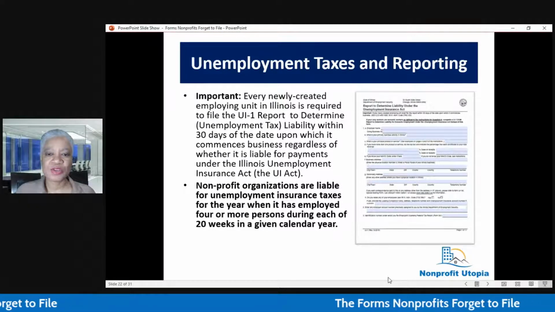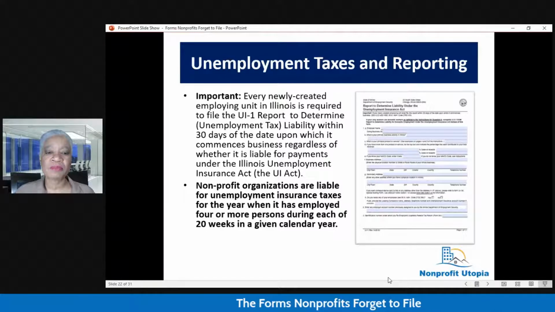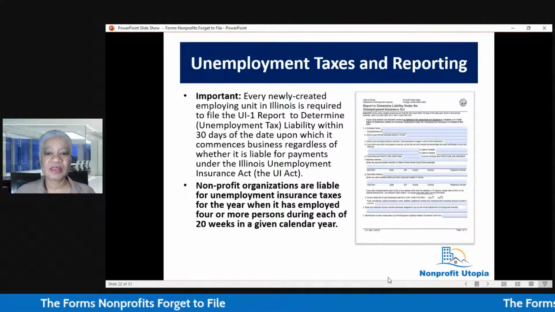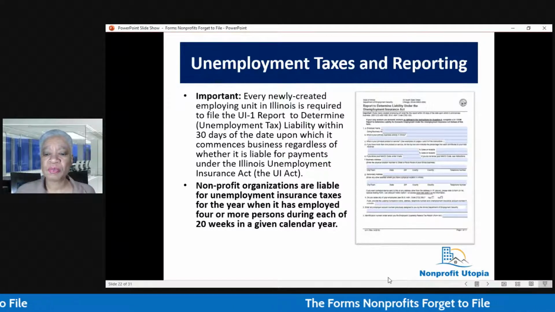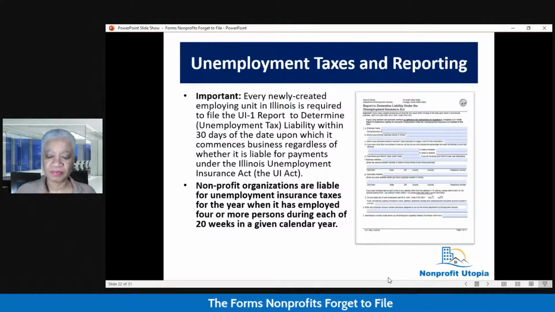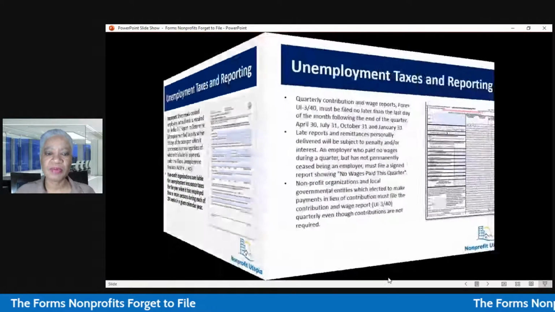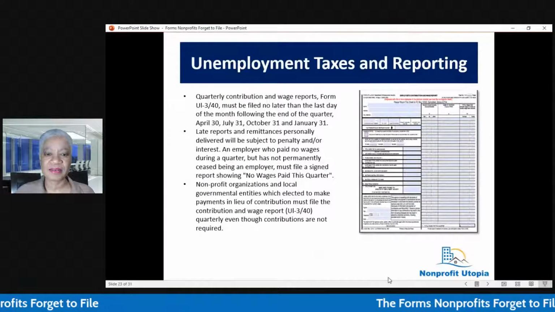However, I suggest that you not wait until you have 4 employees because usually it takes a while to get to that point, and then you will probably have forgotten. And you don't want the state to remind you that you need to be paying unemployment taxes.